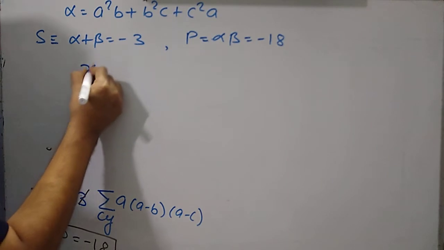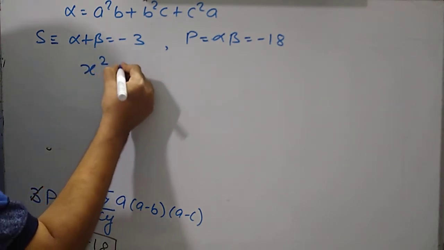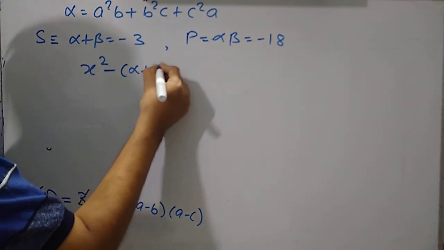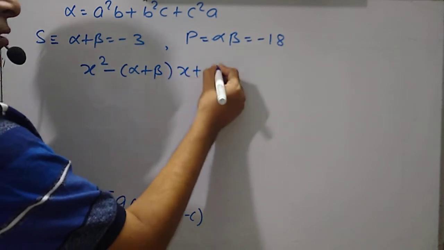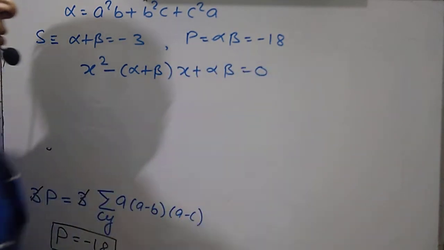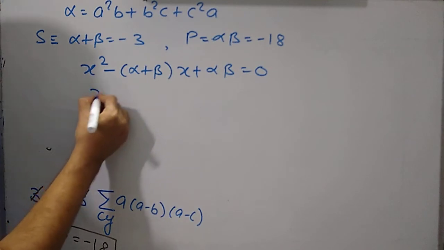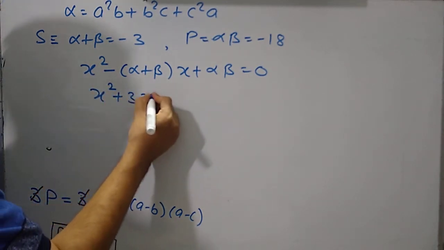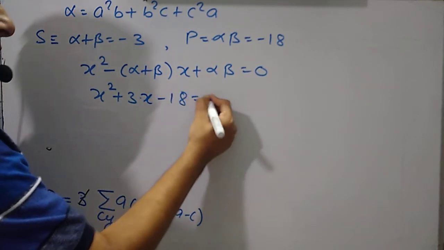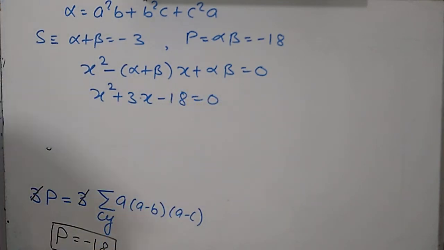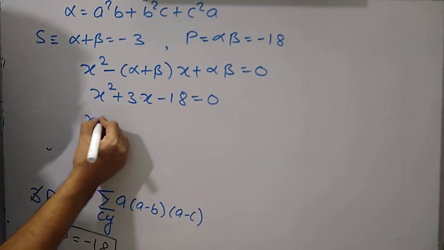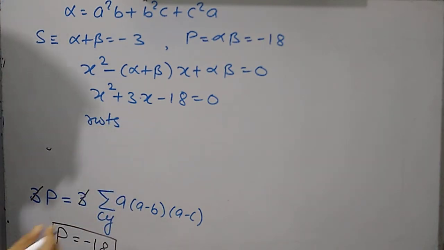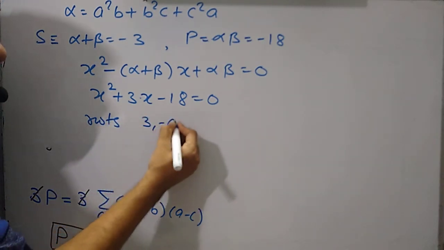So we can write x square minus (alpha plus beta) times x plus alpha beta equal to 0. So we have to find the roots of this equation, and we get x square plus 3x minus 18 equal to 0.